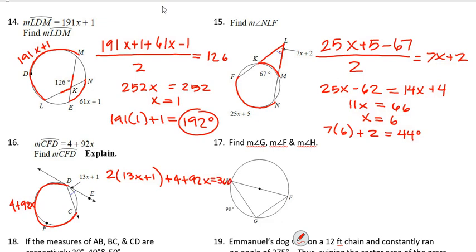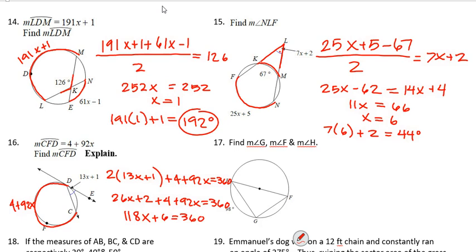I did 2 times this because we have the angle, we need the arc. So that would be 26x plus 2 plus 4 plus 92x equals 360. So 26 and 92 is 118x. We add the 4 to the 2, that's 6, and that's equal to 360 still.